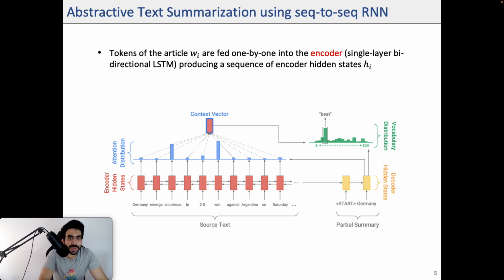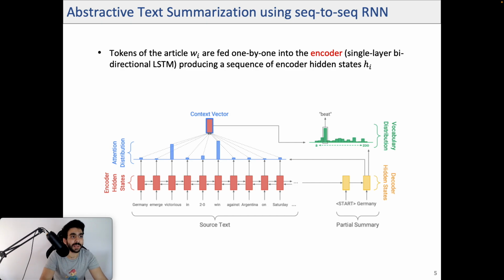Then here, the decoder receives the word embeddings. The tokens of the article are fed one by one into the encoder, producing a sequence of encoder hidden states, the h_i. And then the decoder receives the word embedding of the previous word. While training, this would be the previous word of the reference summary that we have.